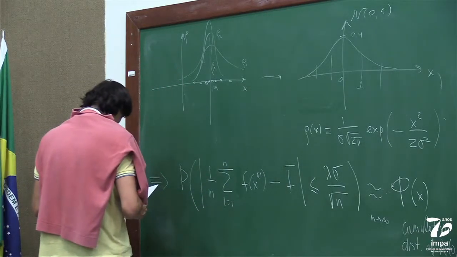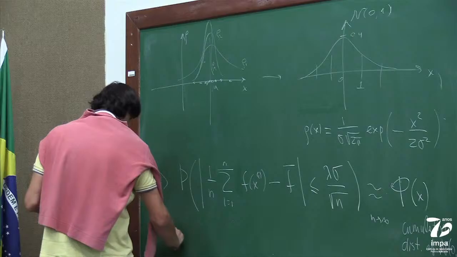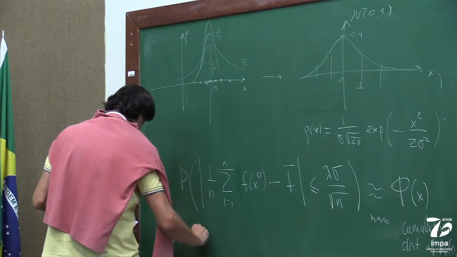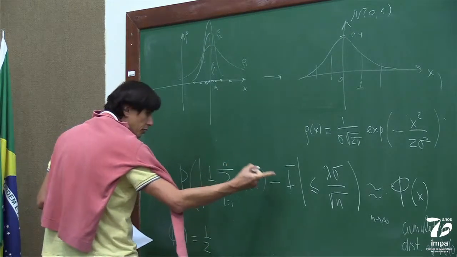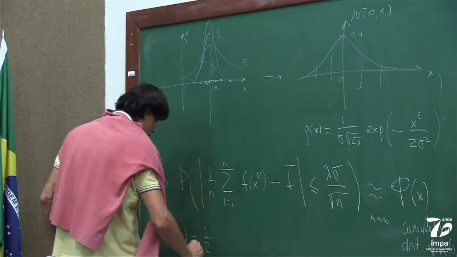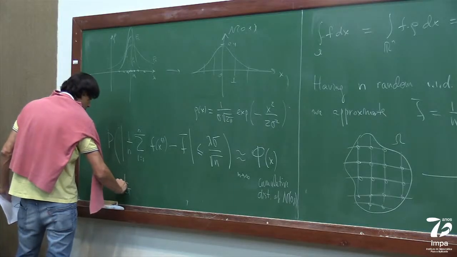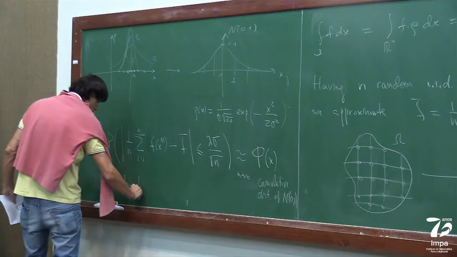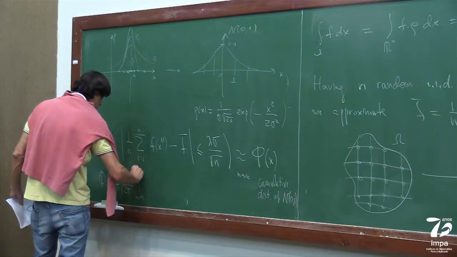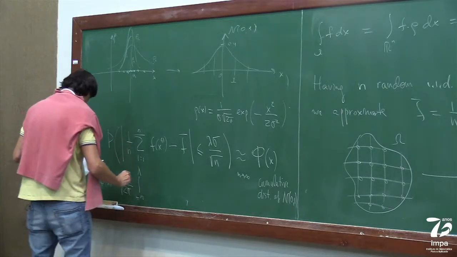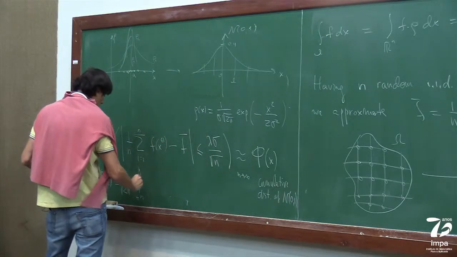So essentially it's for sigma equal 1, since we removed sigma. So it's an integral from minus infinity to lambda of this expression.